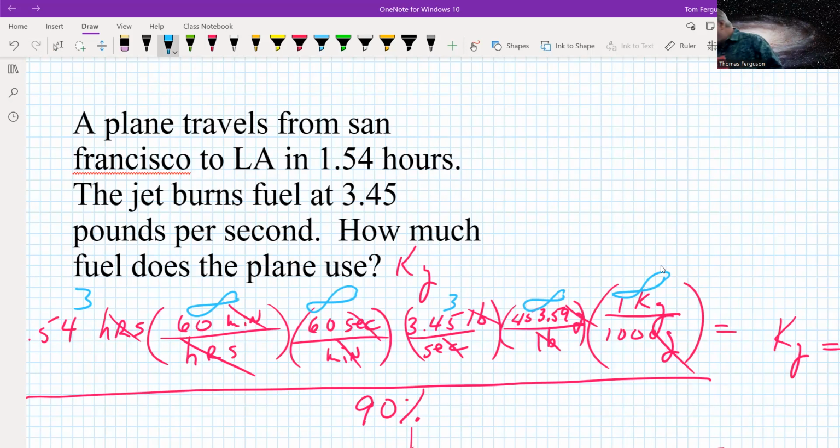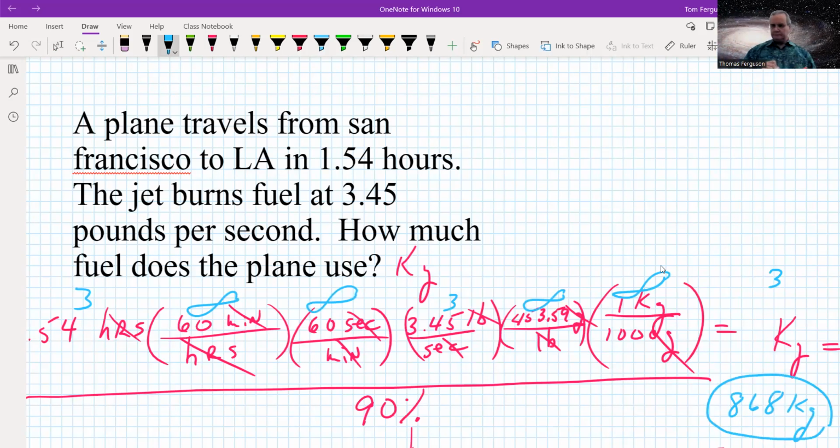Great. So to get that extra 10% points, we'd have a correct numerical answer, correct number of sig figs, and correct units. All three of them. No, just kilograms, yeah.